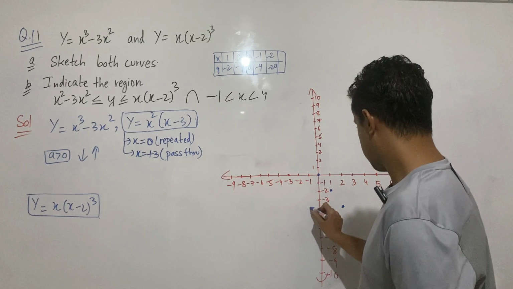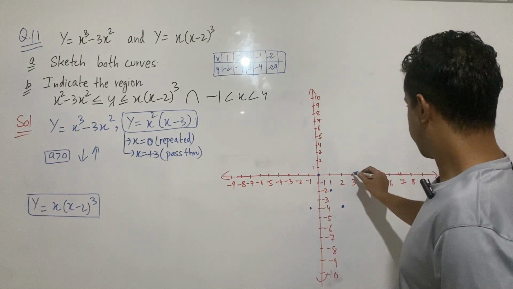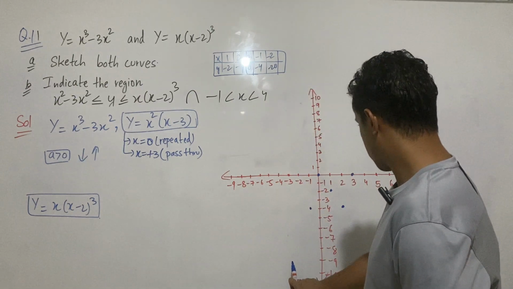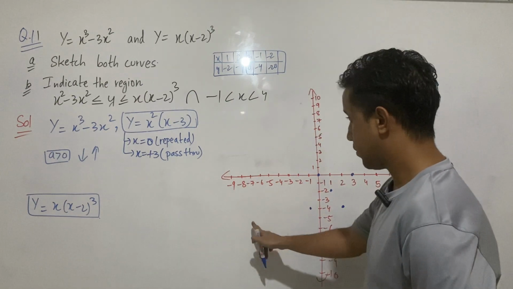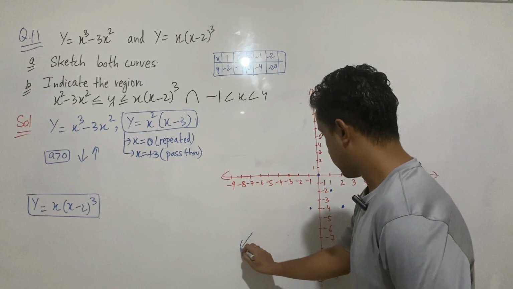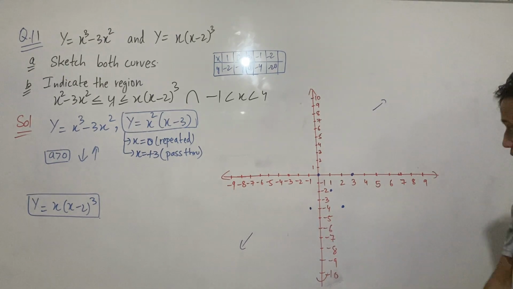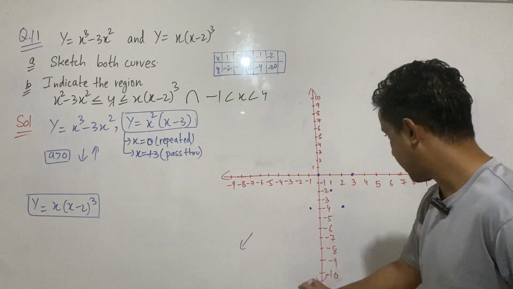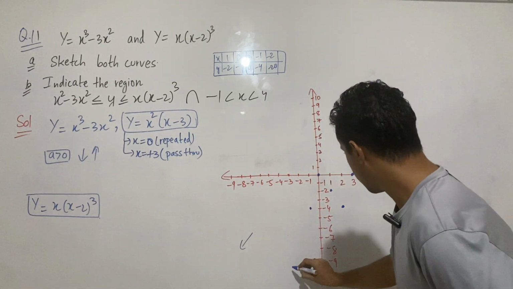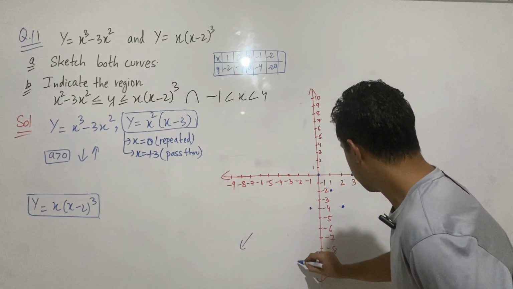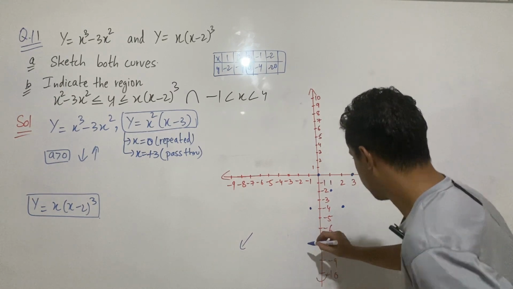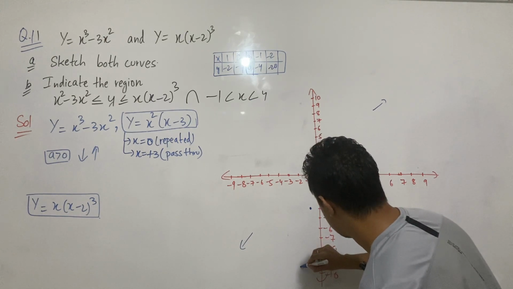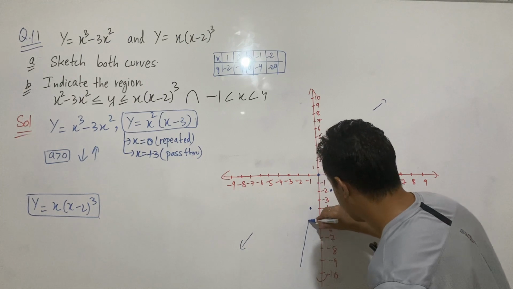And then (minus 2, minus 20). So here this region and this region rise up. For minus 2 it's going to be minus 20, so it will come from here, pass minus 2, and go like this.